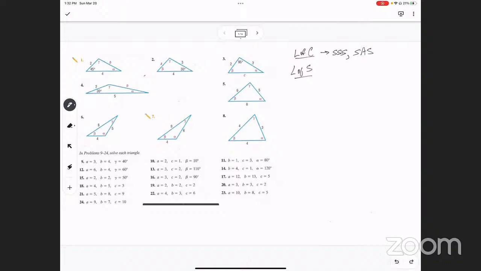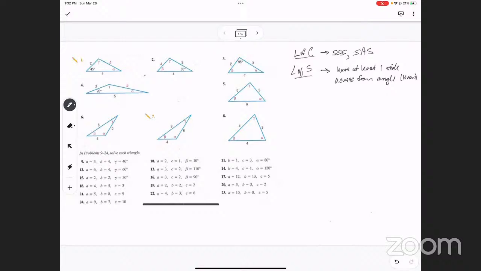I'm just going to say the law of sines requires at least one side across from an angle, meaning you know both of them. And if you don't have that, you have to use the law of cosines, right?